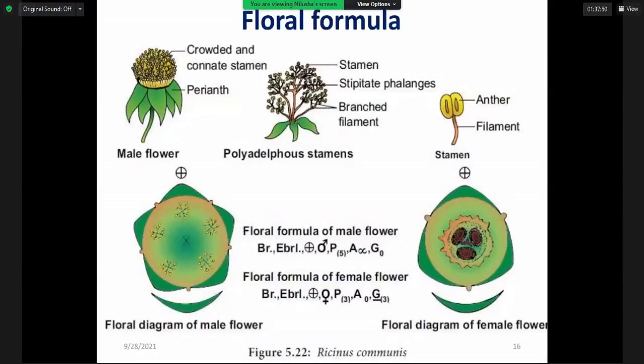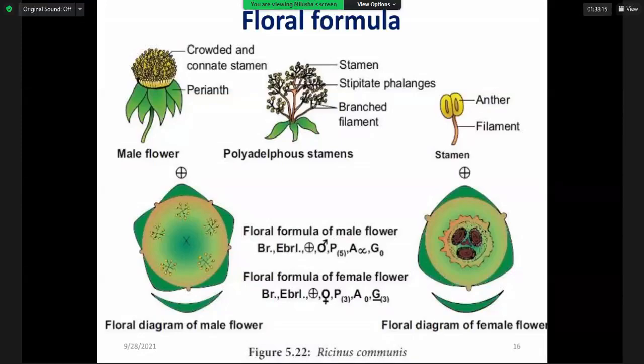Yes, ma'am. Next is the androecium. Inside the perianth, in the floral diagram of the male flower, can you see the androecium? I already told you they have numerous androecium, so we write capital A and this symbol.